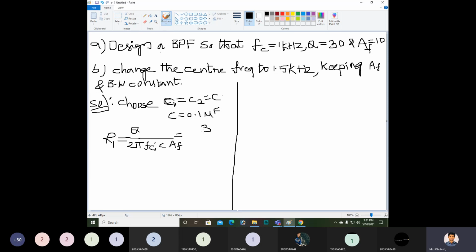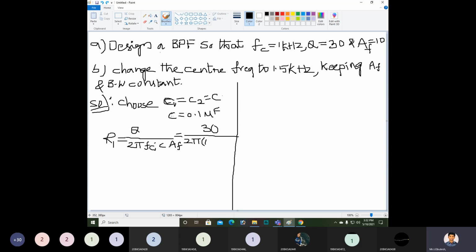Q means 30, divided by 2 pi, FC means 1.5 kilohertz. Sorry, FC is the 1K, we are doing A, 1K.